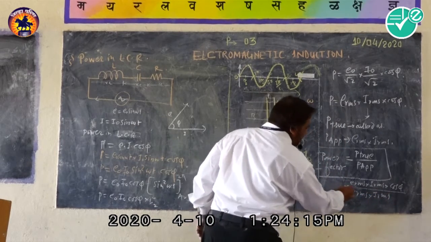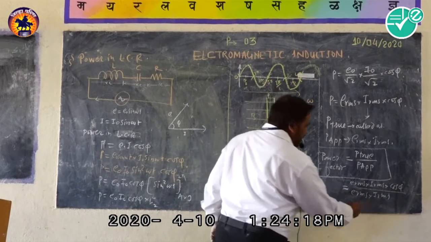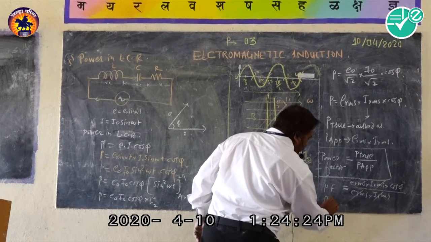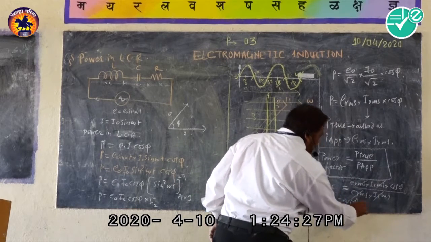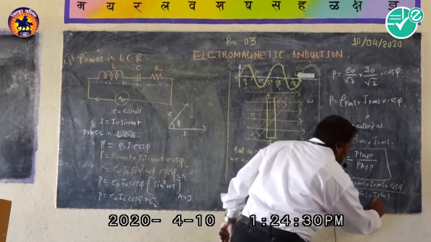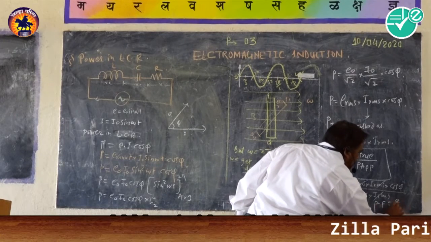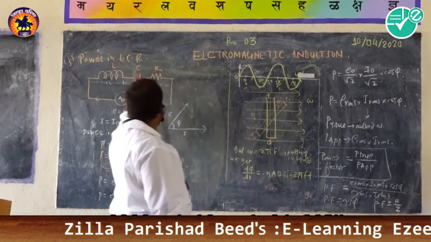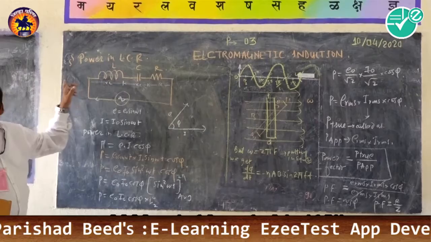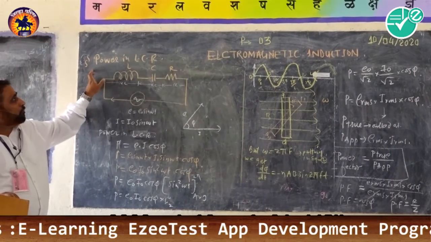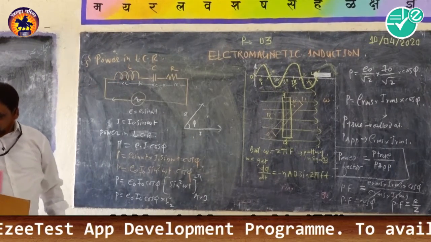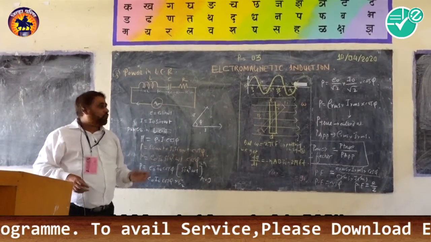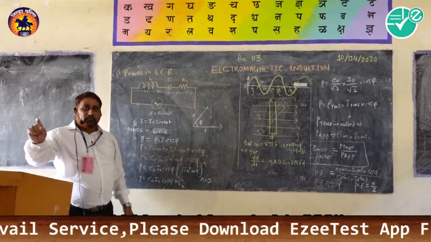The power factor PF is also denoted by R by Z. This is the power factor in the LCR circuit. So we have reduced the expression for power in the LCR circuit. After this, let us practice some numerical problems based on NEET or CET examination. Okay, we shall stop here.